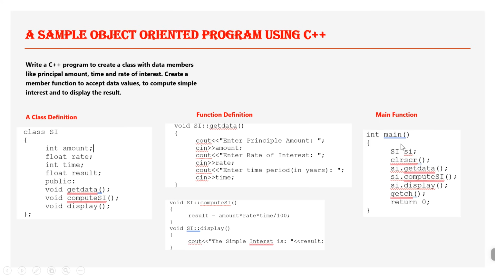Now the question comes, can I define another object? Yes, I can define another object. I can say SI, comma, PA. PA can be one more object of type SI. Then I can define A. A also can be one more object of the type SI. So I don't have a limitation.